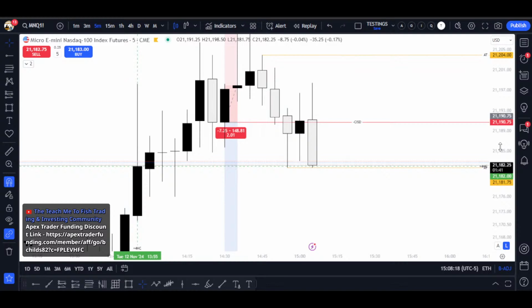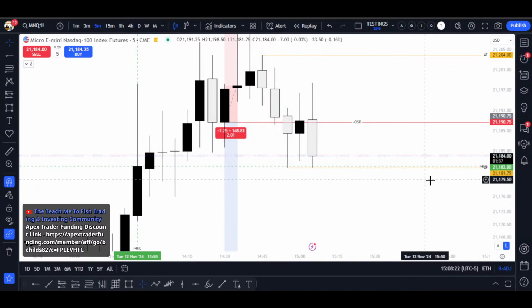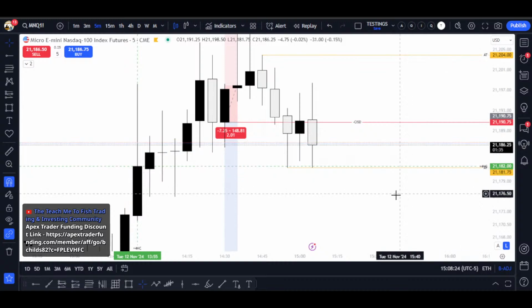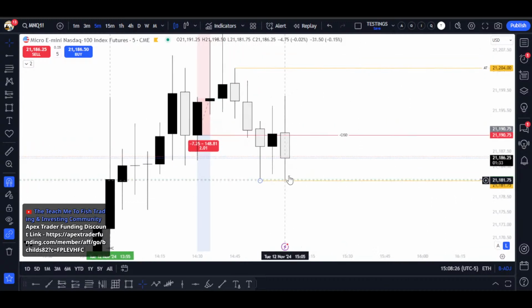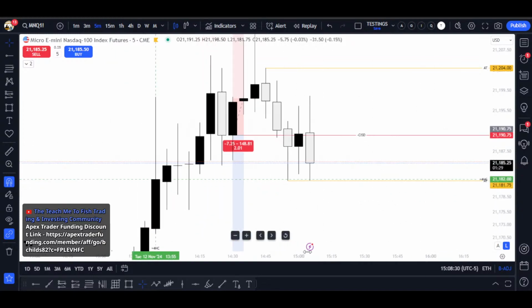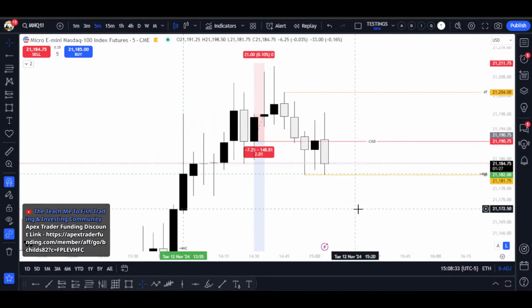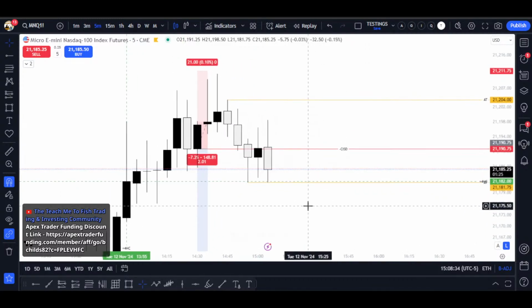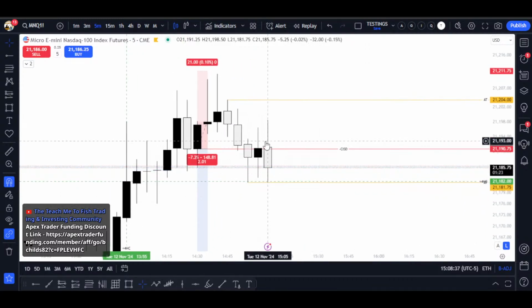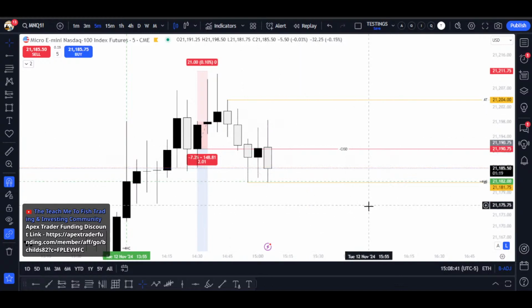All right, so that algo target has been met as well. Again, we're waiting for price to come down below 21,182, but it's already tapped into it now. So it's very possible if price wanted to, it can go ahead and give me my bullish setup, but I like to see it come down a little bit more and then go up for my setup.